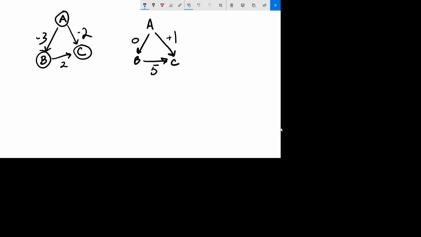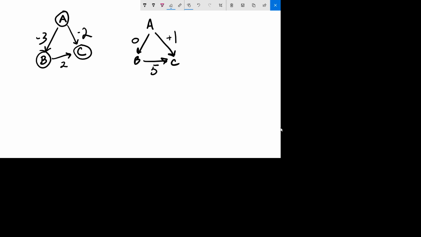So, yeah? I have an oblique answer to that. If you compare the weight resulting from A to C or from A to B to C, you have negative 2 or negative 1 on the left hand side. So they're only 2 apart. But on the right hand side you have 0 plus 5 is 5 and the 1, so you have 4 apart.